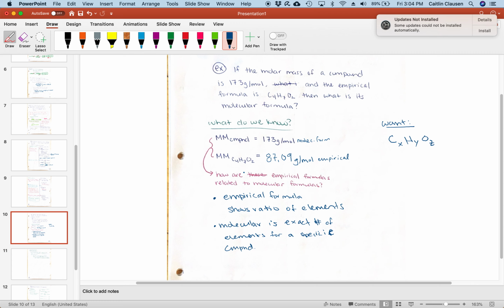So we can figure out if this is a ratio compared to this, that would mean their molar masses should also give us ratios.